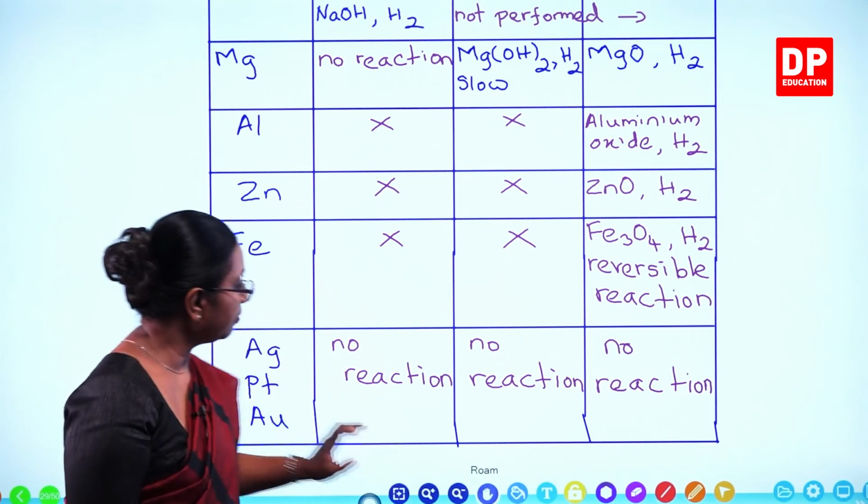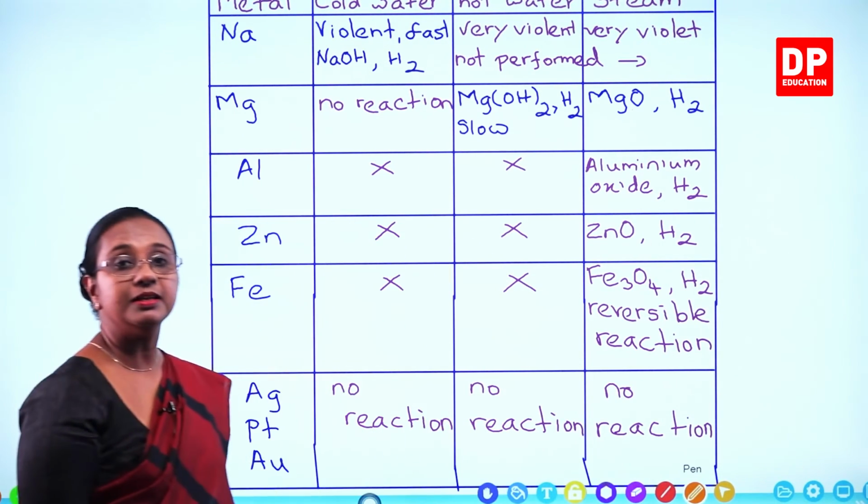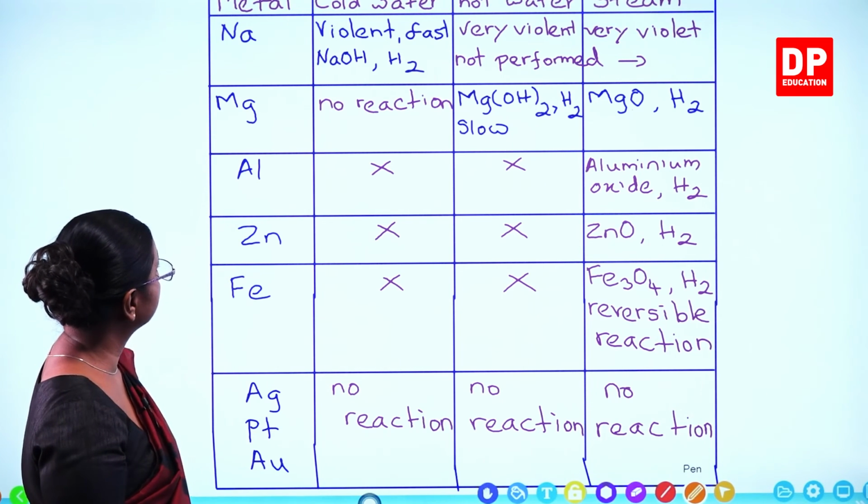So that is how we can compare and easily remember the reactivity of metals with water.